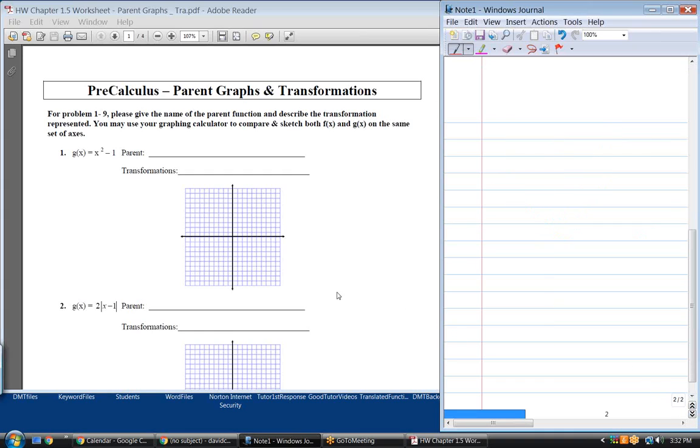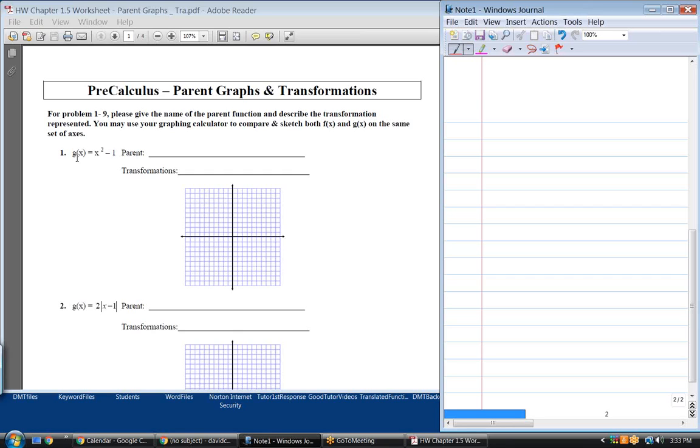So I could use a graphing calculator for this, right? No, I'm sure it says you may use your graphing calculator to compare to make sure they're the same. But the concept of this whole thing is to be able to do it based on your knowledge of how to graph the parent function and then what is being done to the parent function.